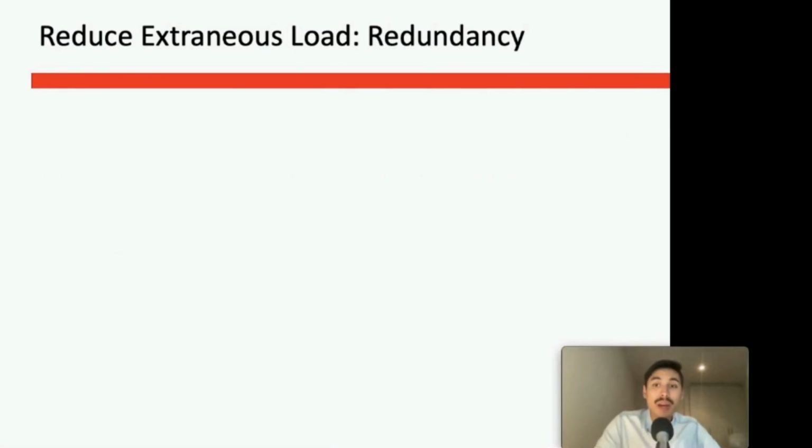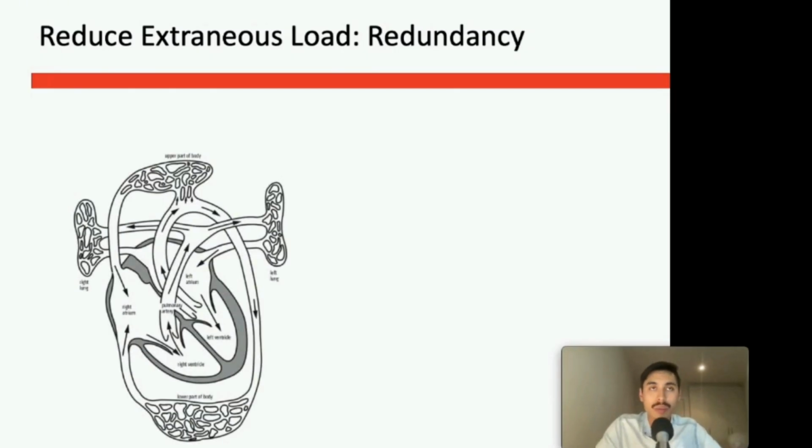So the first idea is about redundancy. A good example of this is from a study by Sweller and Chandler in 1991. In this study, there were 3 experimental conditions. In one condition, students were asked to learn about blood flow within the heart and parts of the heart with a diagram that looked like this one. So it had simple arrows, it had labels, and it had a diagram of the heart.